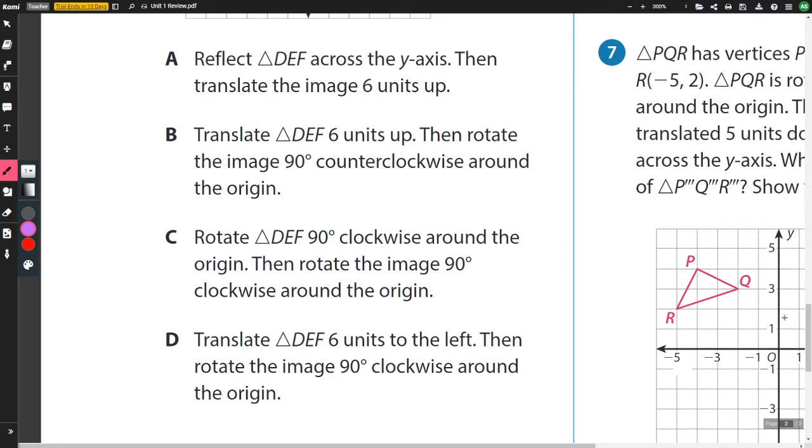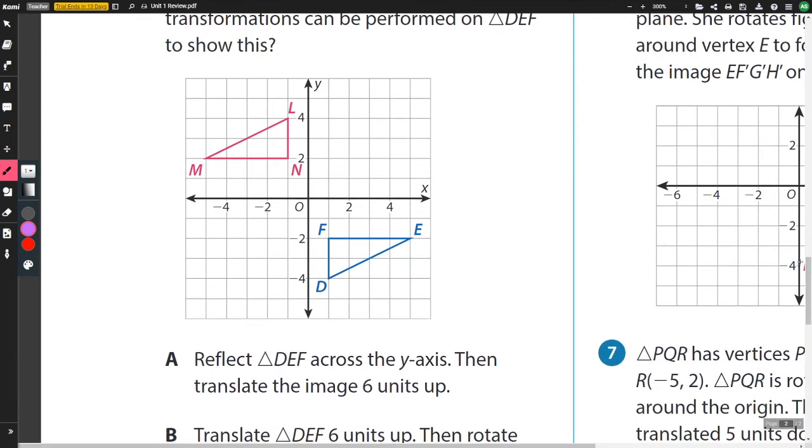We have reflect DEF over the y-axis, then translate the image 6 units up. So we can do that. Reflect over the y-axis, so here this is the y. So each point is going to be the same across the y-axis. So we're going to have this.